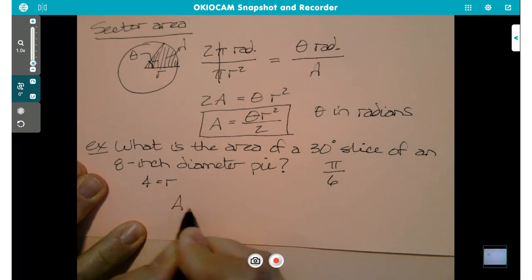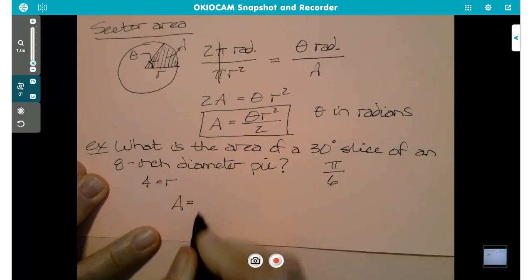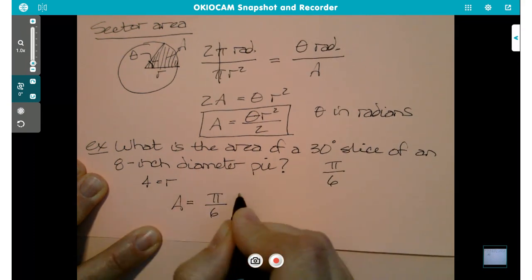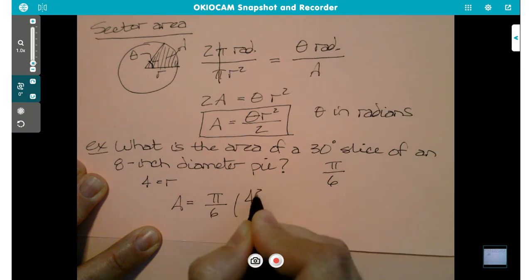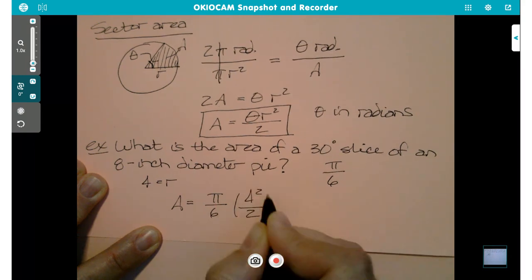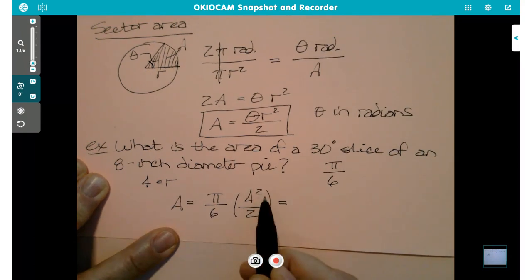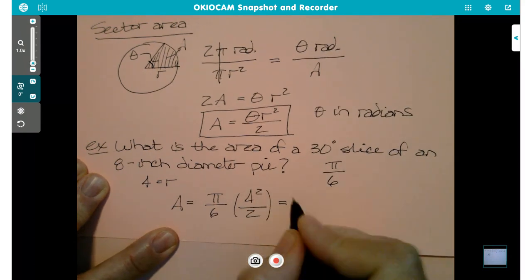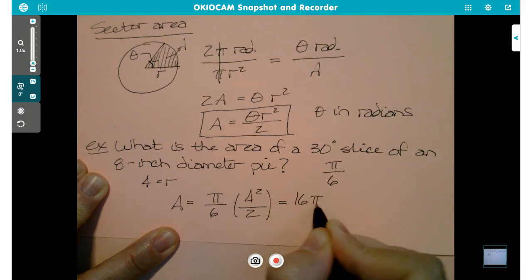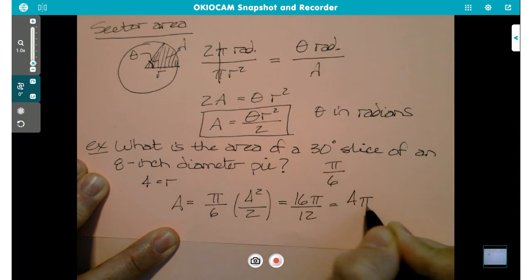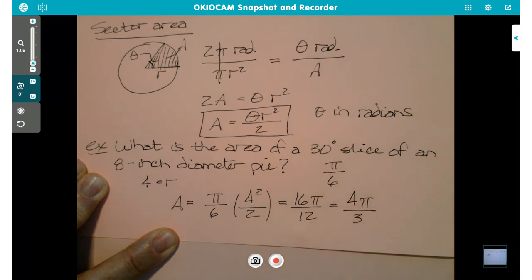The area of this slice of pie is theta times r squared divided by 2, which, let's see, that's 16 divided by 12, and the pi is still in there, is 4 pi over 3 would be our exact answer.